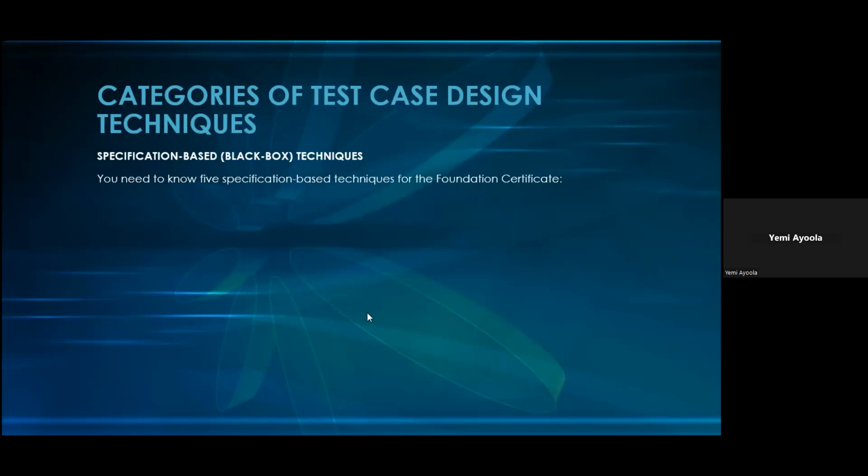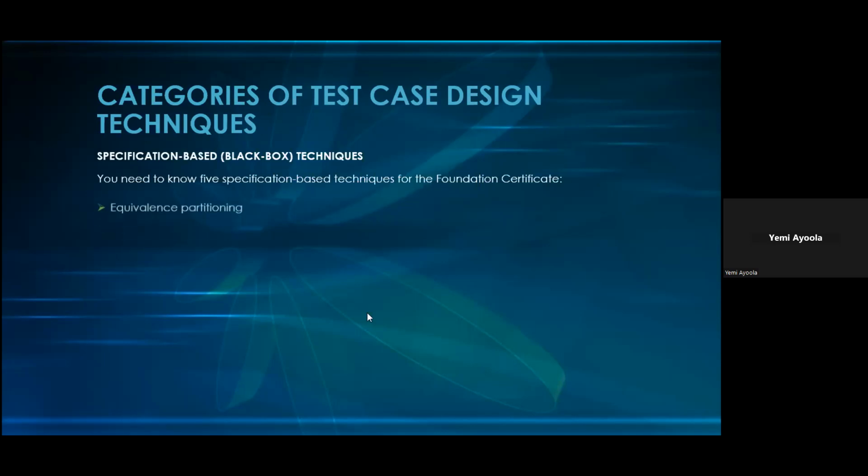But there are five of these specification based techniques that we need to know in this foundation level, because this foundation level is a major level in testing. I keep saying it. So it's just five of them that you need to know.